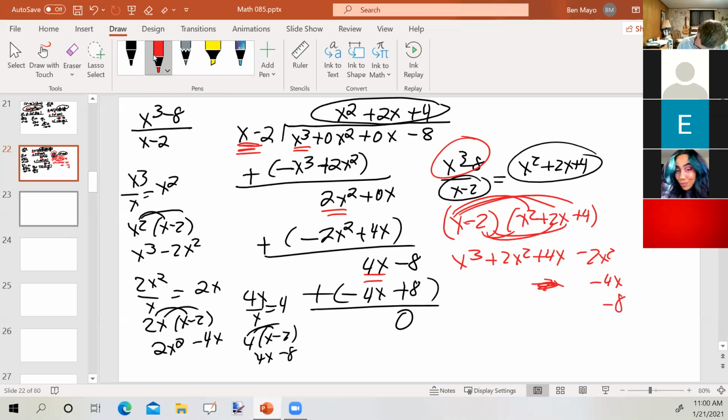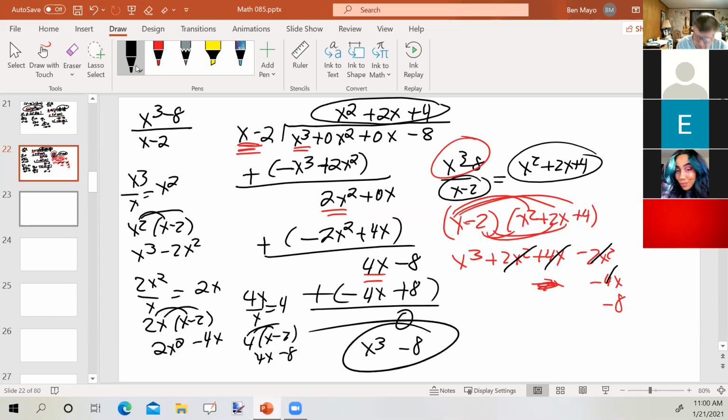I'm trying to avoid writing with error over at the edge like I talked about. We've got x cubed, those cancel, minus 8. So it works. Any questions?